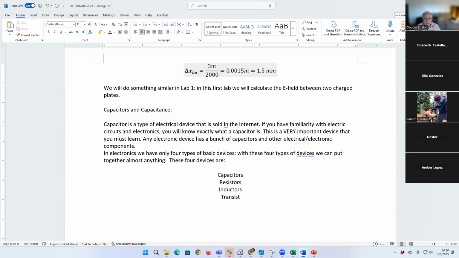Have you ever heard of the transistor? 4 basic devices in electronics.